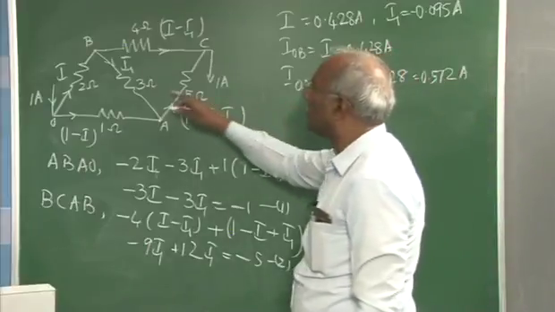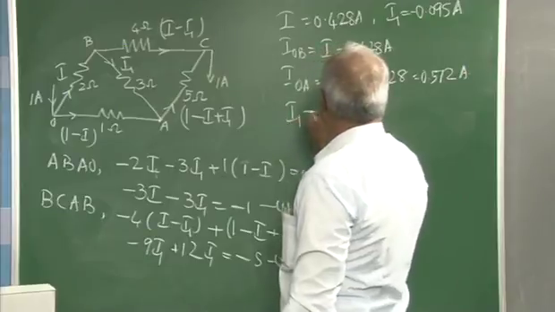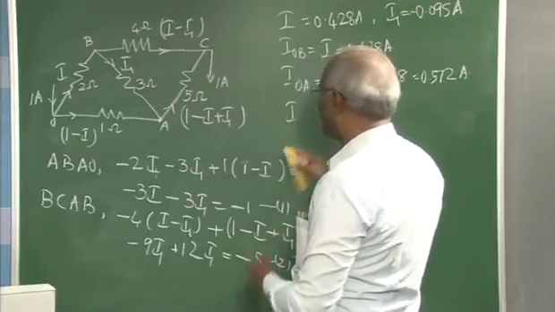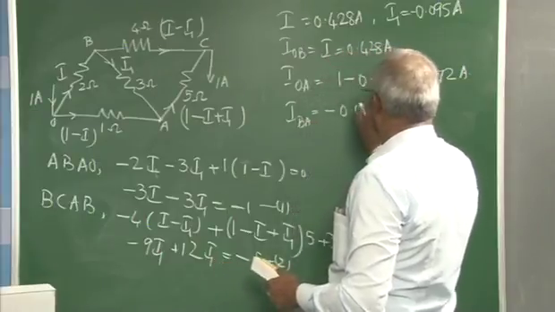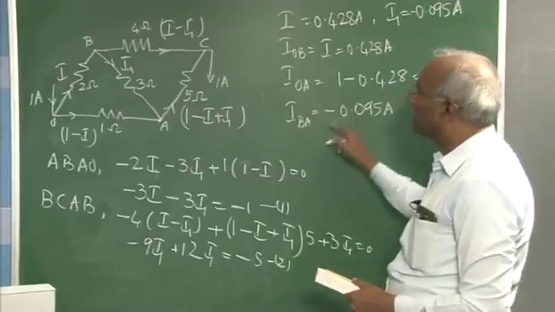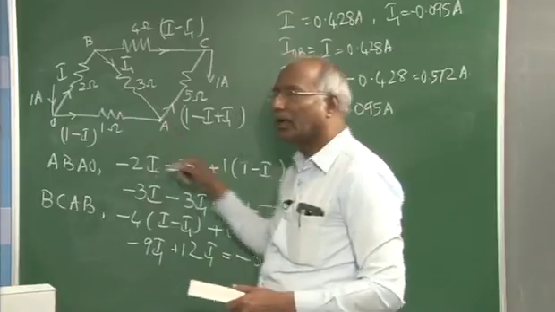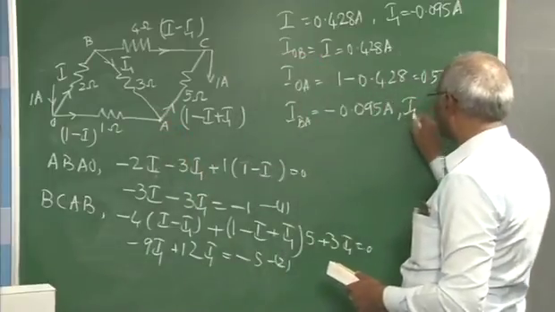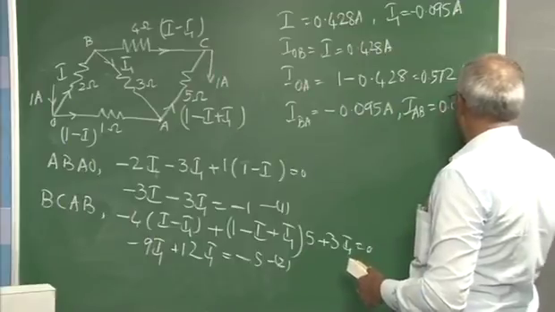Coming to the current here, this I1 is nothing but the current BA, equal to minus 0.095 ampere. The minus sign indicates that the current is not flowing from B to A, but from A to B. In that respect, you can write IAB as equal to 0.095 ampere.